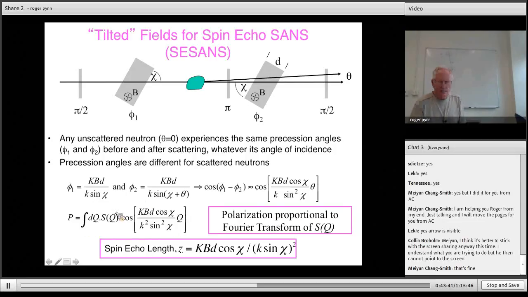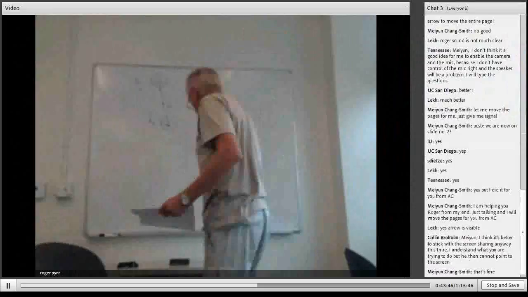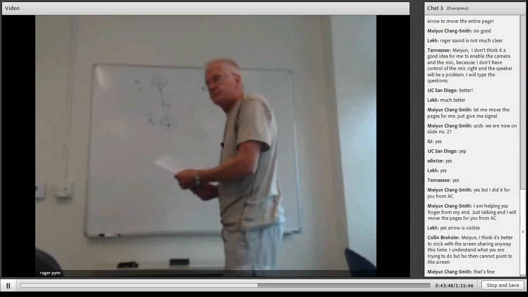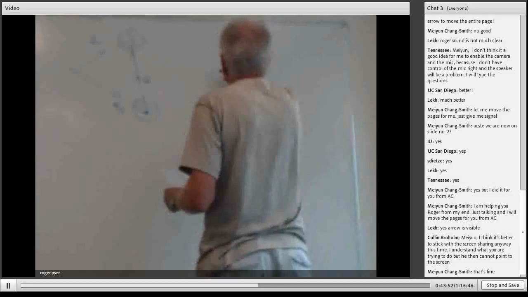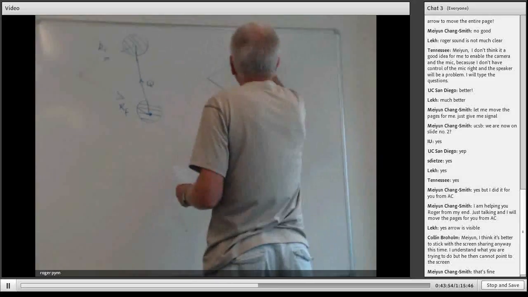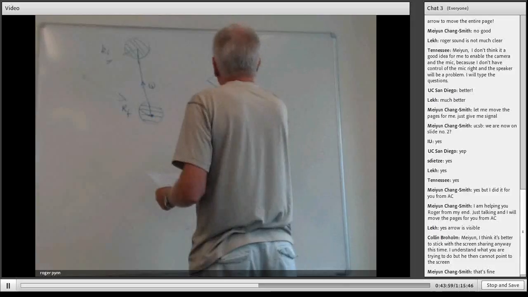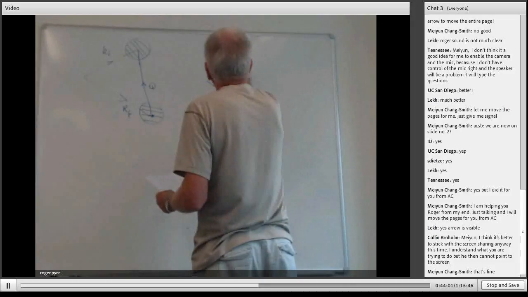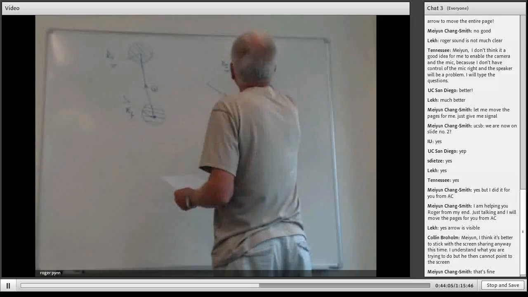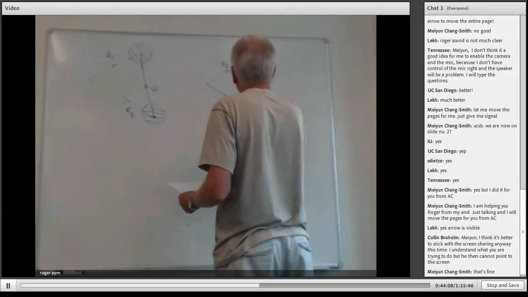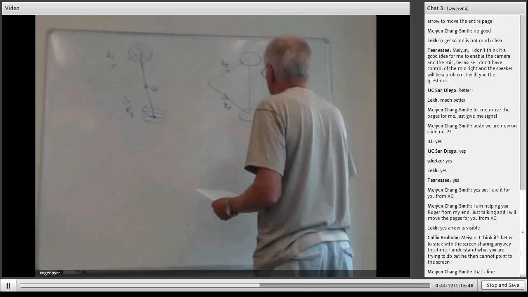So just coming back to the scattering triangle that we talked about before, I have this general one here. What we now have in this situation with CSANS is we're doing elastic scattering, in which kf and ki are equal. And I still have these regions of space in the wave vector space that can be transmitted through the instrument.